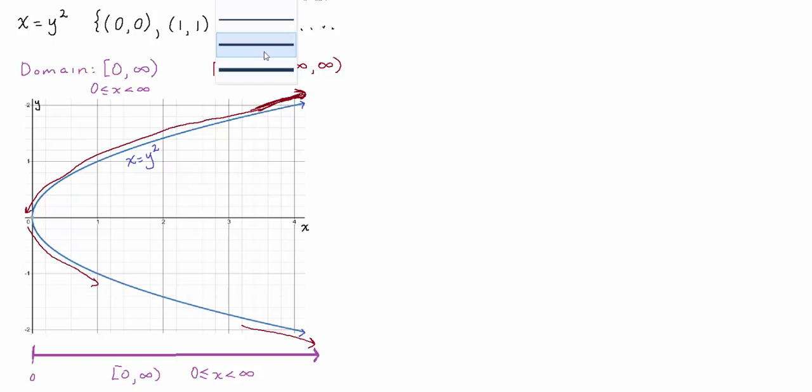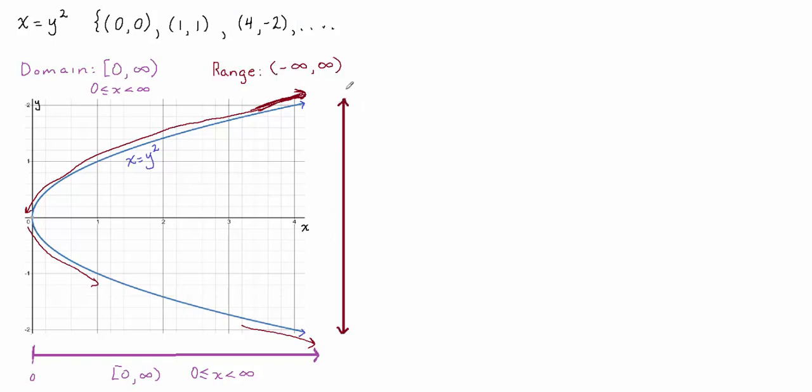So looking at this as an interval, we see that our range is the interval that consists of all real numbers y from -infinity to infinity. And we can write that either as the interval -infinity to infinity, or using inequality notation as the statement -infinity is less than y, which is less than infinity.